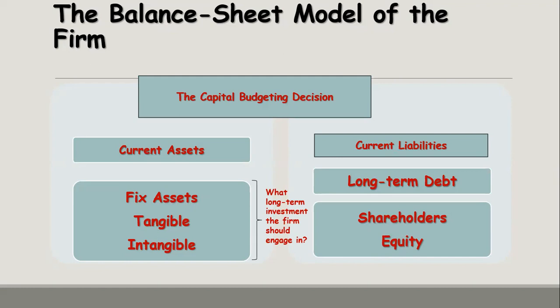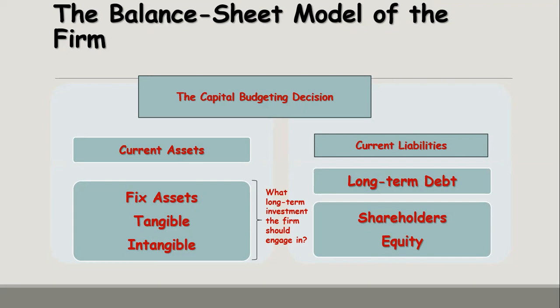What long-term investment should the firm engage in? Which type of assets does the company require? In the shape of machinery, equipment, furniture, fixtures, vehicles, etc. These are the types of tangible.